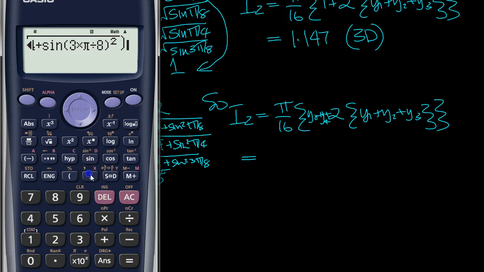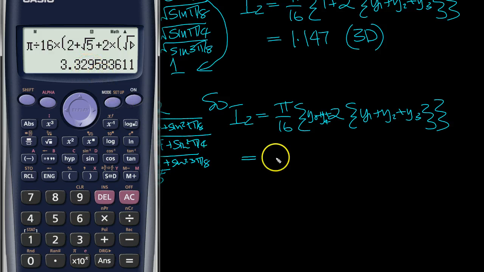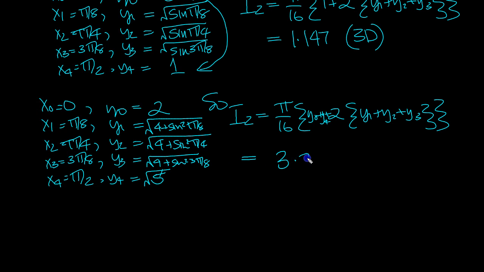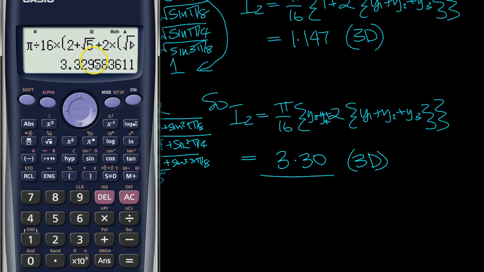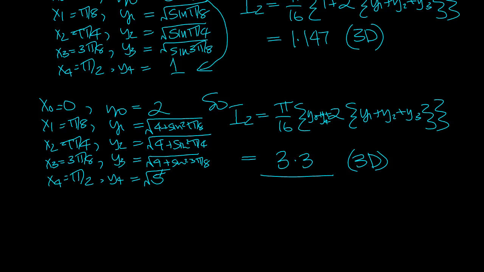Outside the square root, close the bracket for the 2 times, close the bracket. 3.3295, so it's 3.30, isn't it? Well, let's have a look again, sorry, at that. 95. So it's 3.330. Get it right in a minute. To 3 decimal places.